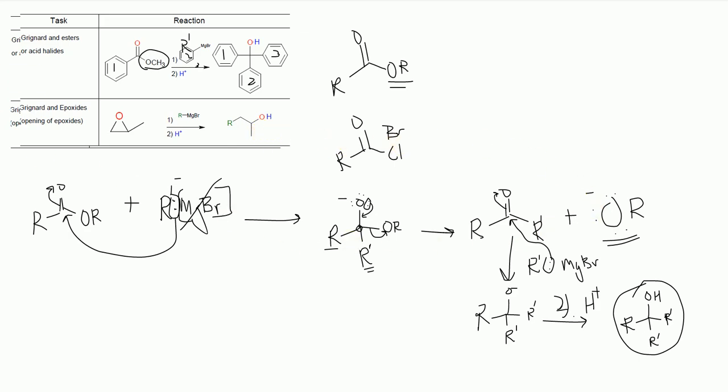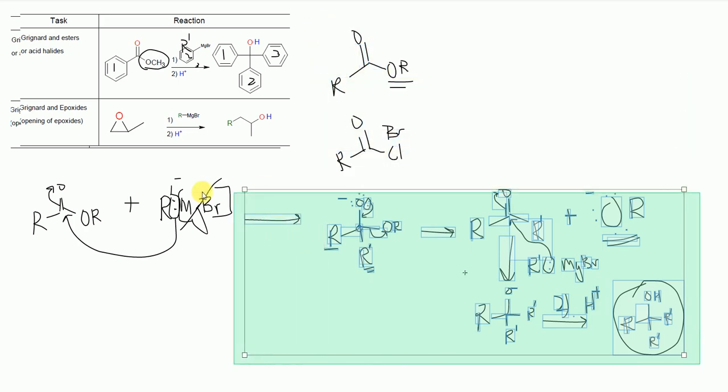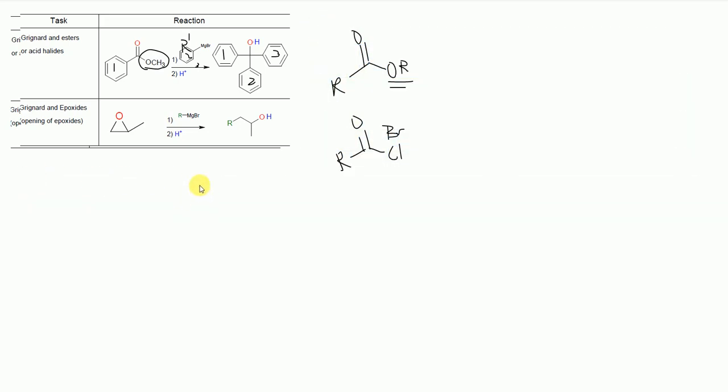And the beauty of this is you can take this concept, and if you think about it, it works the same way with any other type of leaving group. So OR is just one type of leaving group, right? Obviously, we have other types of leaving groups. One of those is if I have an acid chloride, right? And the same thing happens.